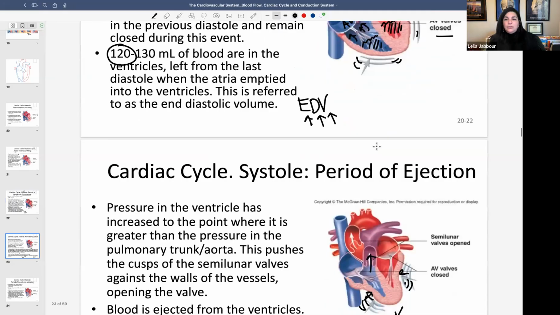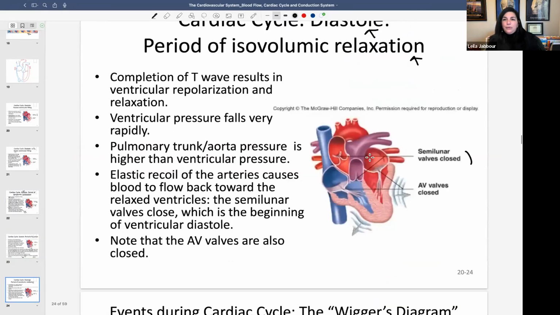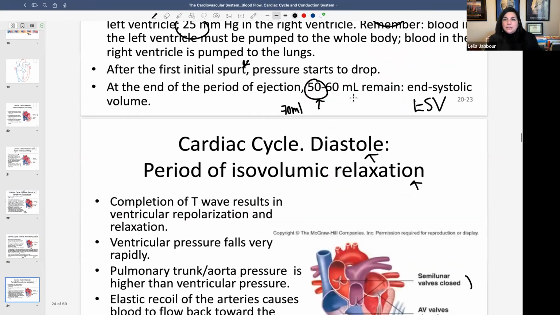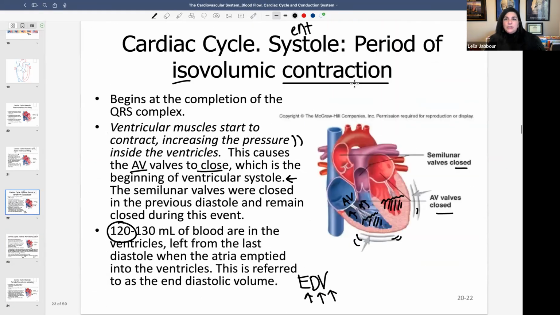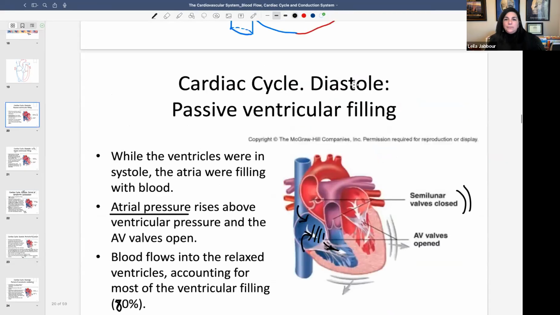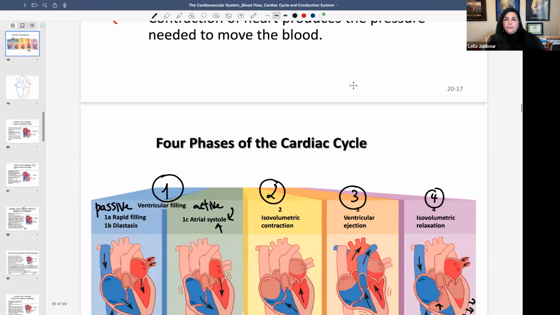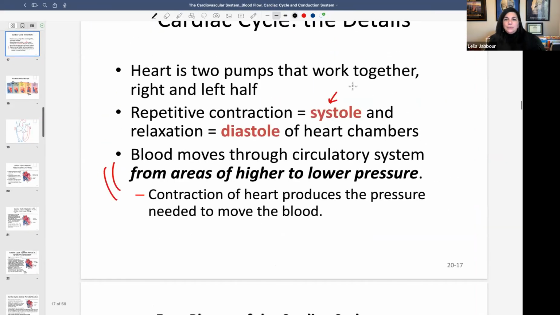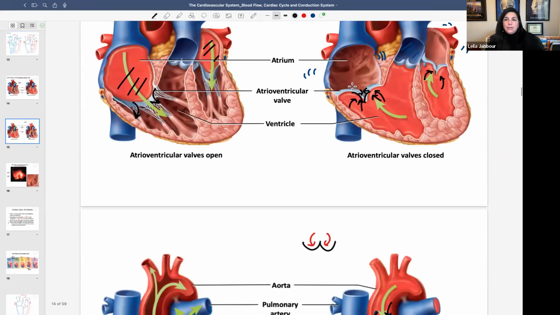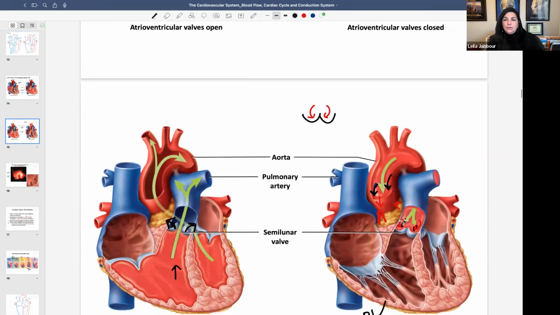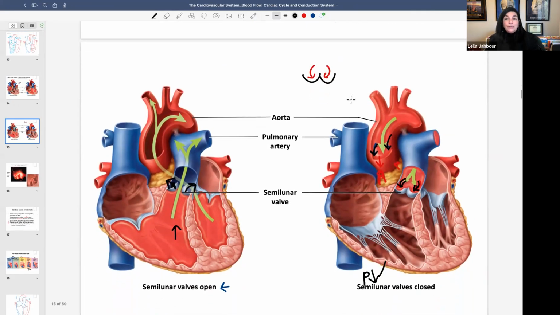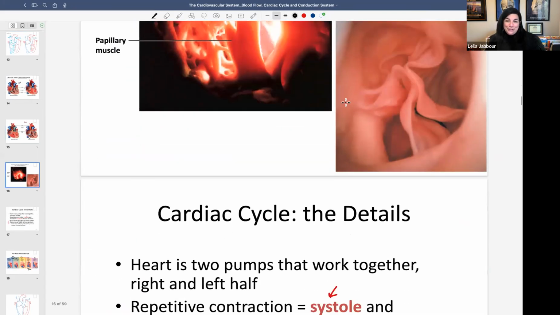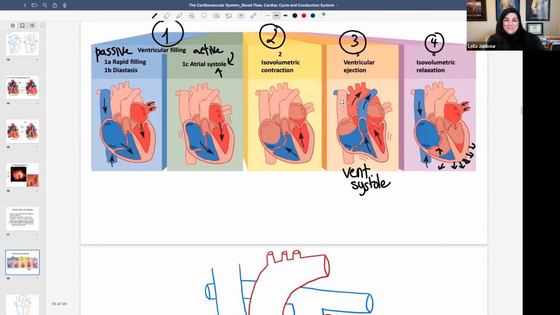And then I talked about how when the blood falls back down, it shuts these semilunar valves closed, right? I showed that to you a bit earlier, though it's not illustrated here. So every time the valves close, they make a sound. I forgot to mention that. They make a sound.